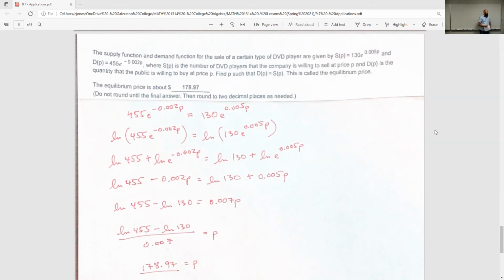And demand, D of P, is 455 e to the negative 0.002 p. It wants to find P such that the supply and the demand are equal. So D of P equals S of P, and it's called the equilibrium price.